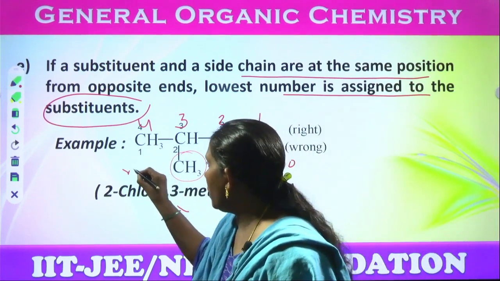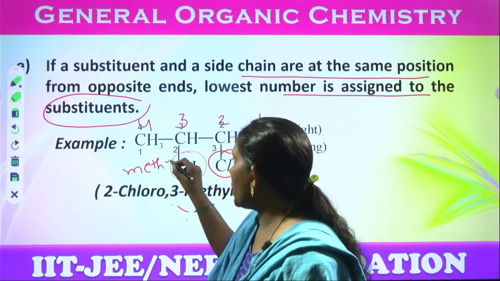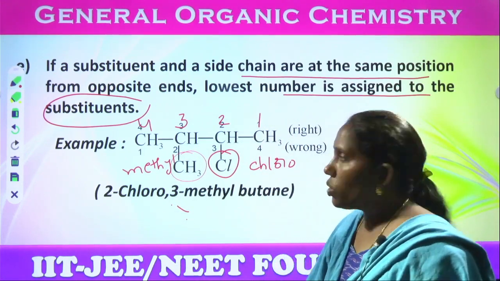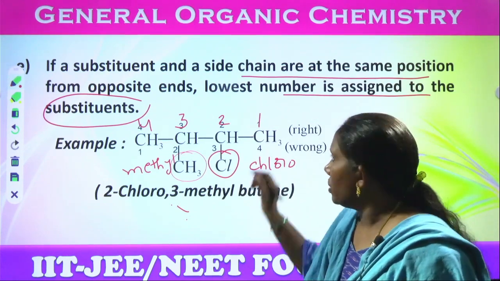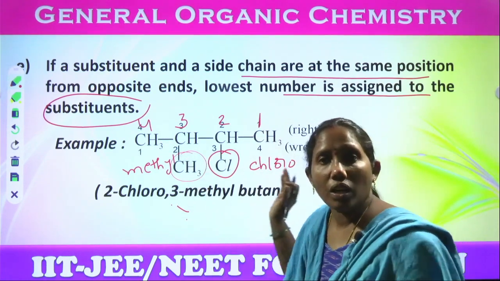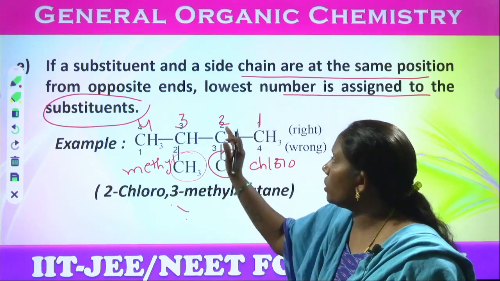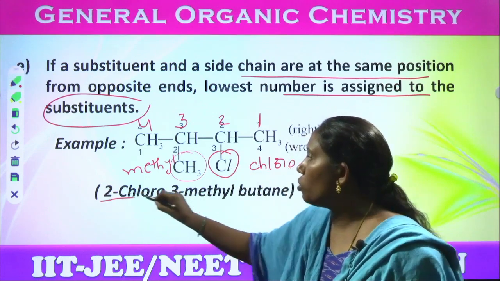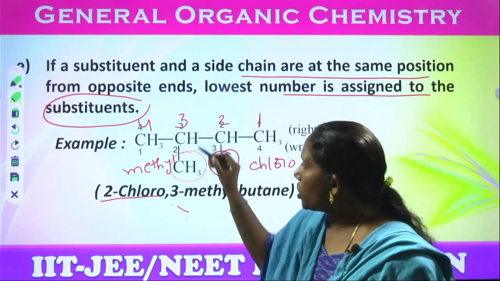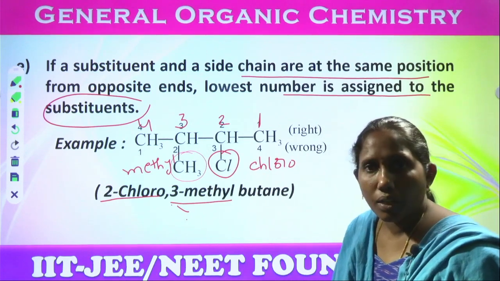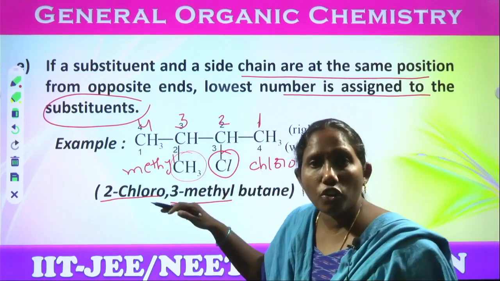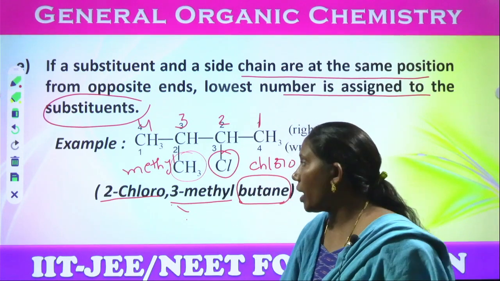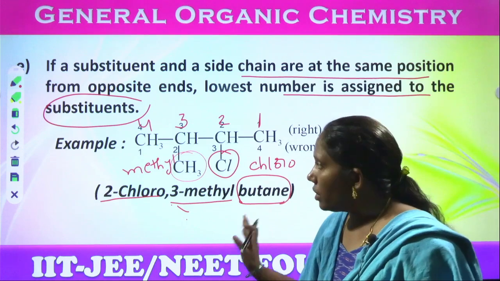Here it is methyl. Which one comes first in the alphabetical order? C comes, then M. So C should get the lowest number. That's why the numbering has to go from right to left, 1, 2, 3, 4. So the name of this compound will be 2-chloro, 3-methyl. Total 4 carbons are present, so it is called butane. 2-chloro, 3-methyl butane. Right?